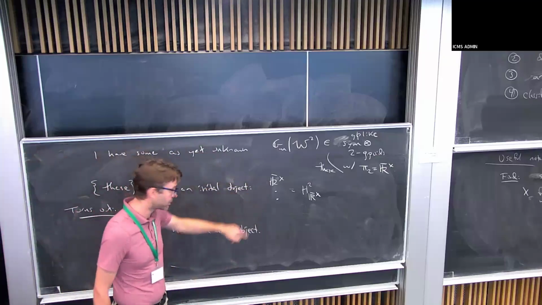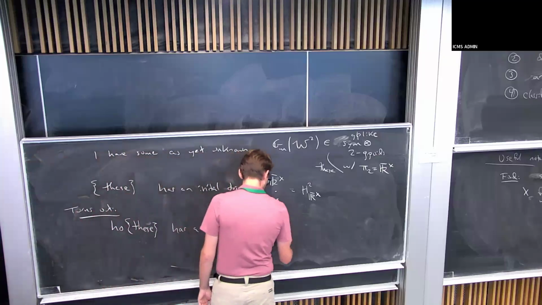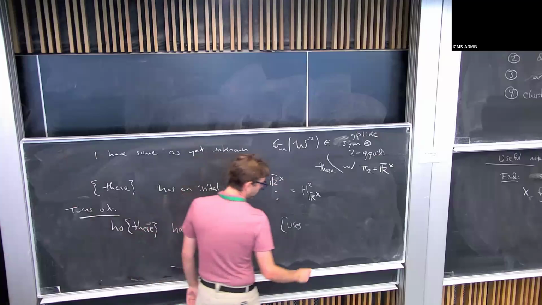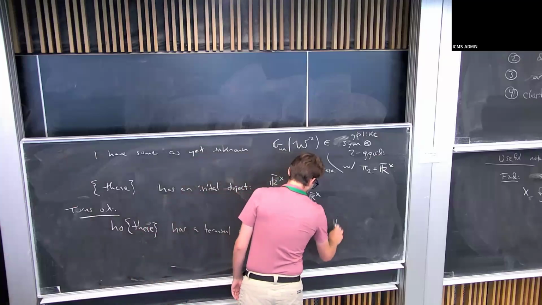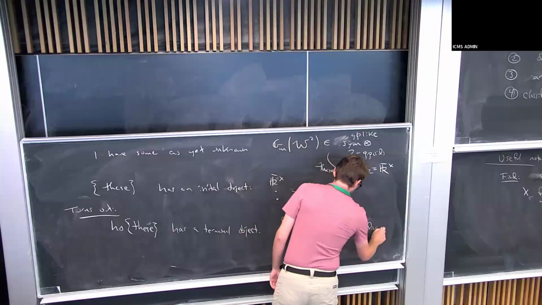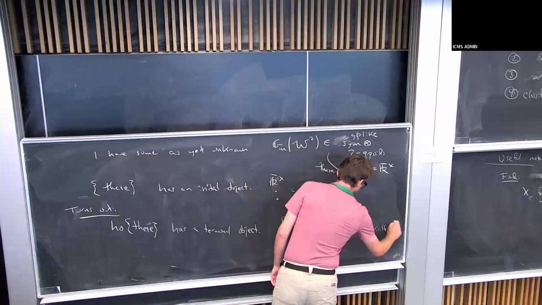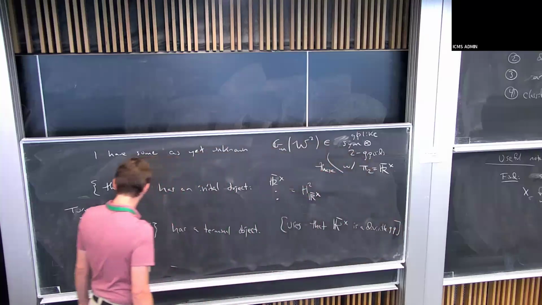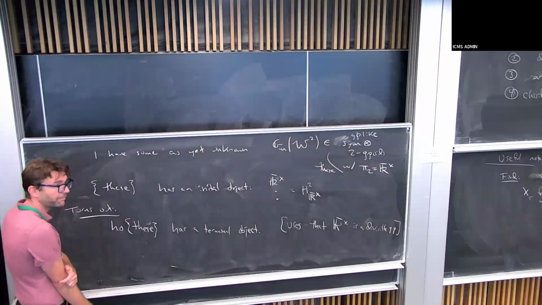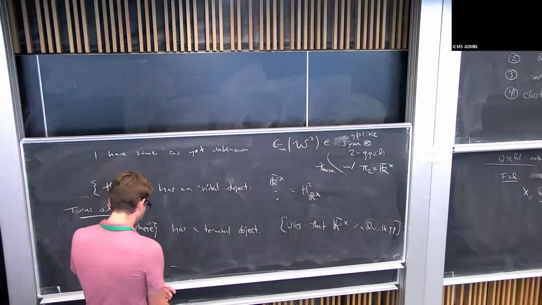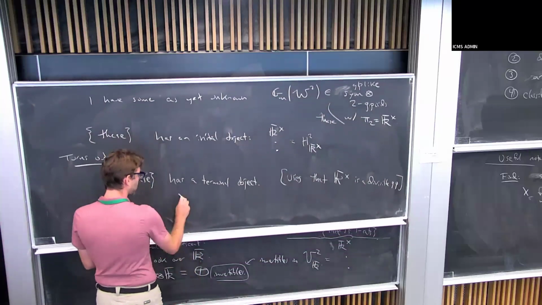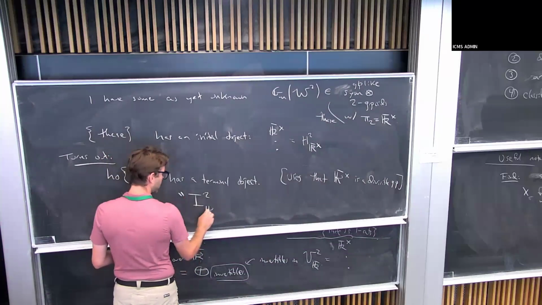This would be true for any group here that was a divisible group. This is not due to me. This terminal object has a name, the Brown-Comenetz spectrum, or the spheres. The letter after H is I, so I'm going to call this I.